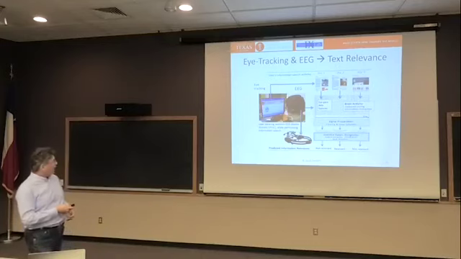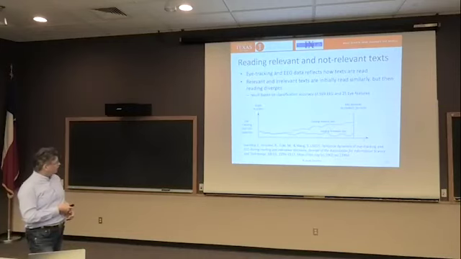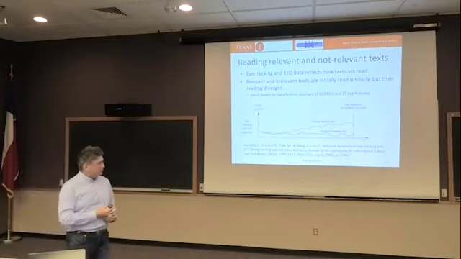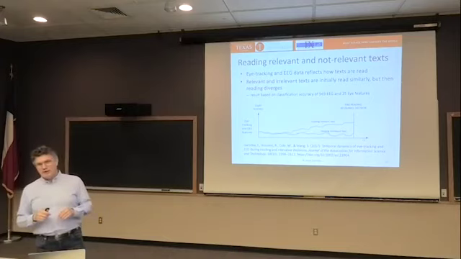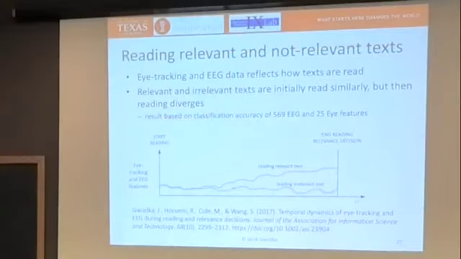In one of the studies, in addition to more classic, traditional inferential statistics, we also used machine learning approaches, for example classification. We used well over 500 features from EEG signals and 25 from eye tracking.